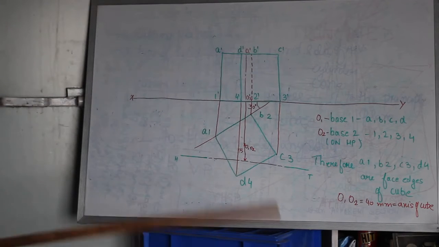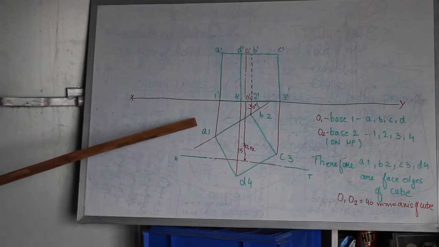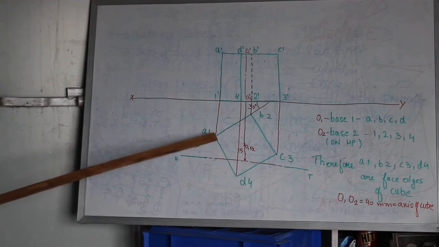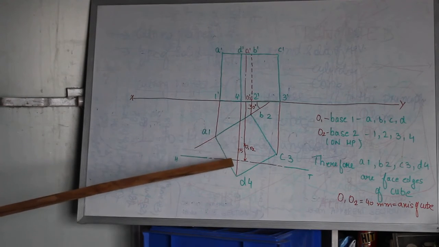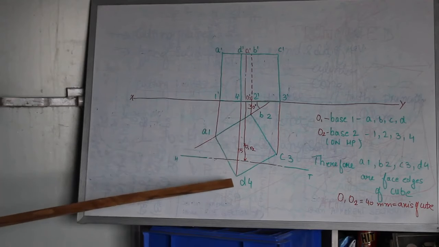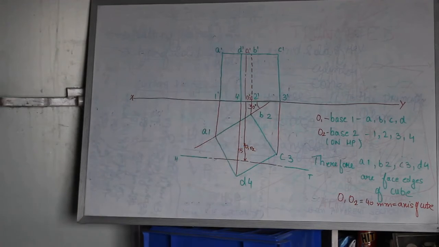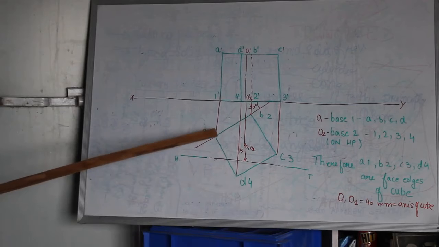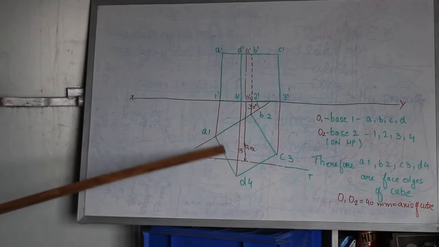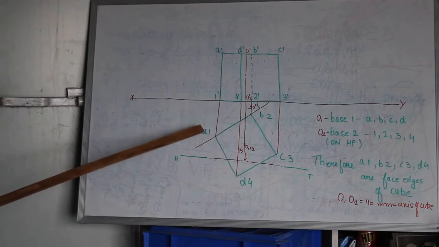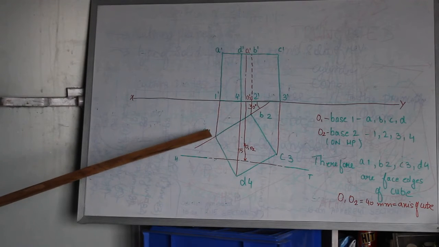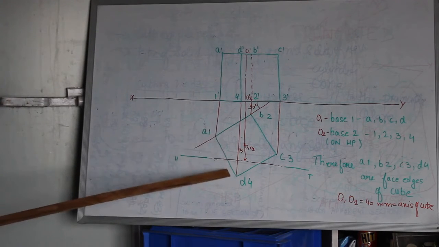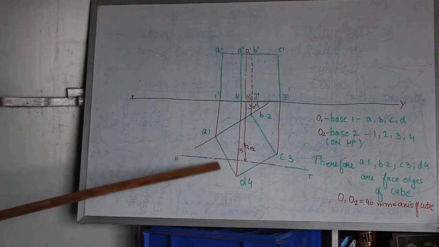Now if I cut the solid like this, it will cut the solid from the base edge of the base 1 and from the edge of the base 2 also. So over here, this whole line is having two base edges. One base edge is from the base 1 and the second base edge is from the base 2.